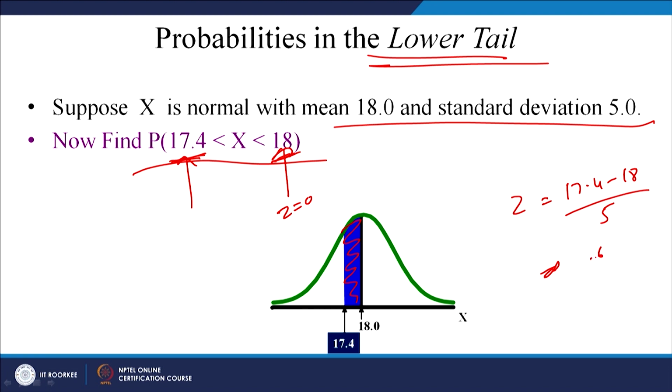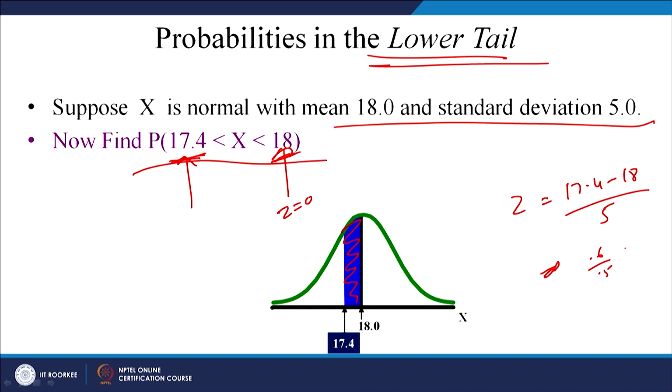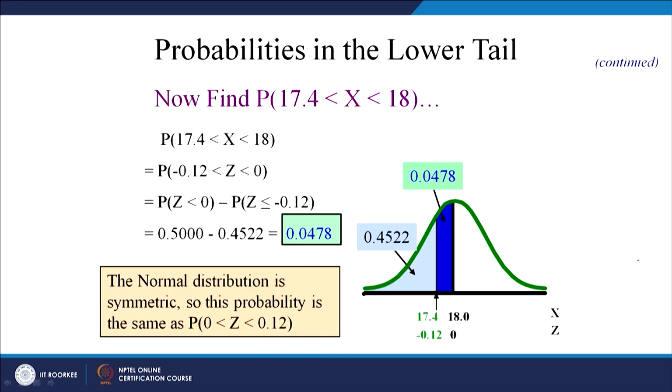So, let us say this is 0.6 by 0.5, so minus 0.12 is the z value. Here you will get minus 0.12, right. Now, how to calculate this area? From 0 to minus 0.12. We know that this total area is 50%, this total is 50%.